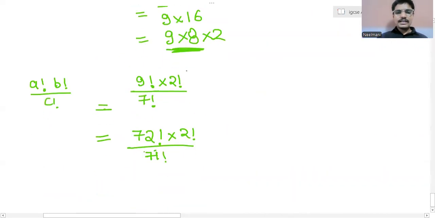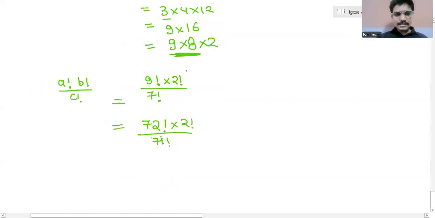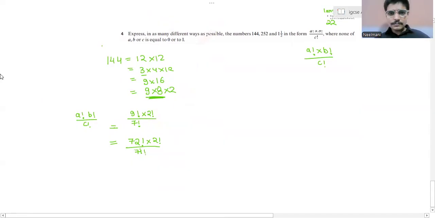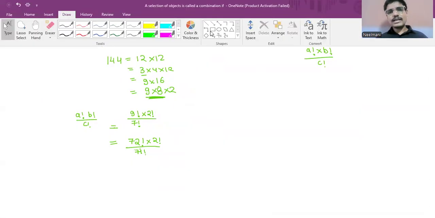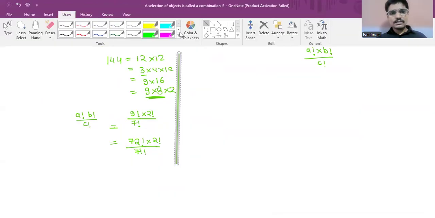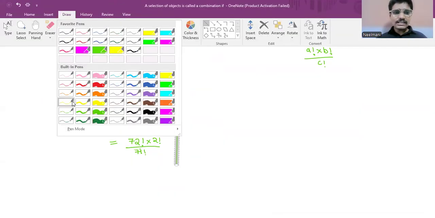Right? Now, in another case, let's see what is happening. The other case is about the number 252. Correct? What will happen in 252? Can you just factorize? So what is the goal? First factorize 252 in the ways it is possible, and see what are the ways you can get 252.